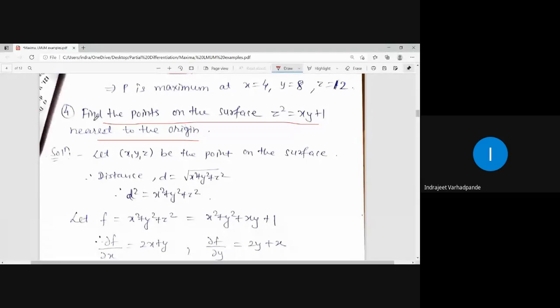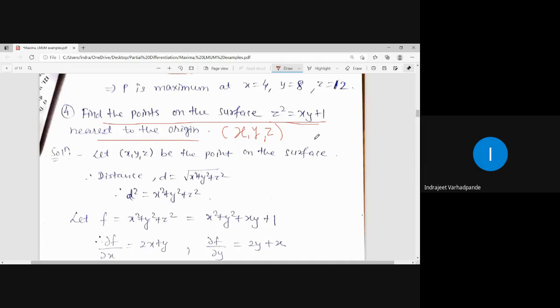So find the points on the surface z square is equal to xy plus 1 nearest to the origin. The origin is the point 0, 0, 0. I will have to take a point on the surface. As all the three variables x, y, and z are involved, the coordinates will also be taken as x, y, and z.